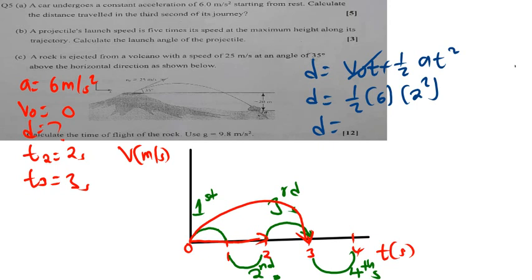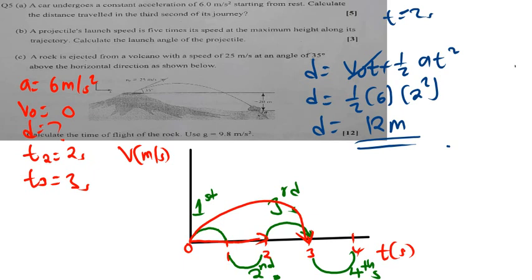So my d will be equal to 1 over 2, which is 0.5, times 6 times 2 squared. It's giving me 12. So 12 meters is the distance it traveled when t was equal to 2 seconds. Not in the second second, no, but when t was equal to 2, meaning from 0 all the way to 2.